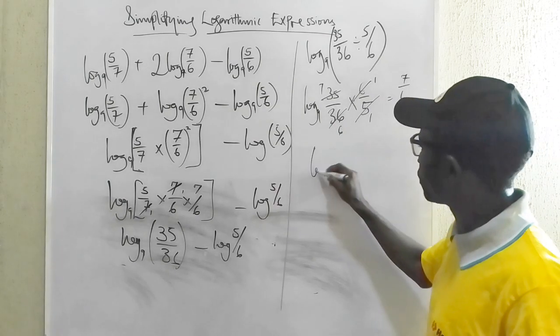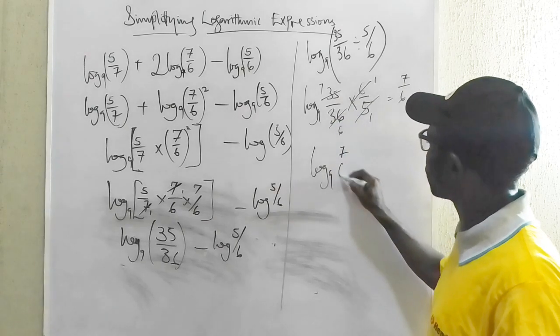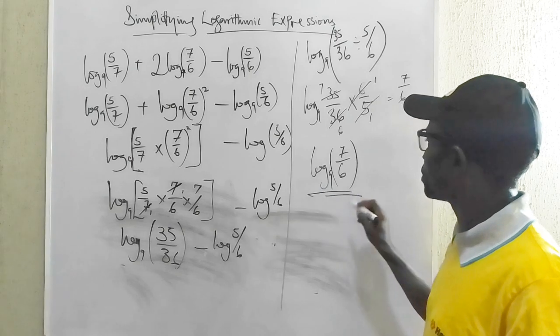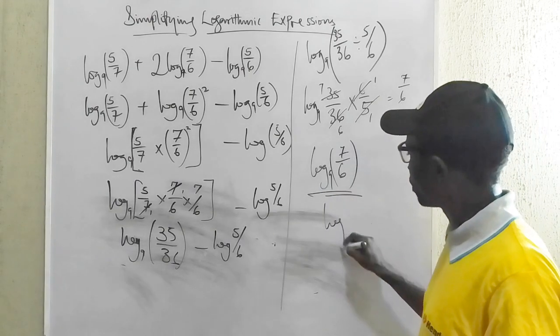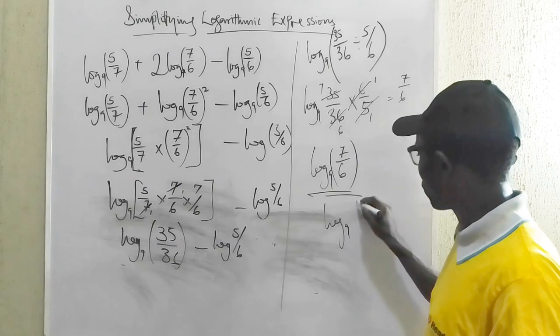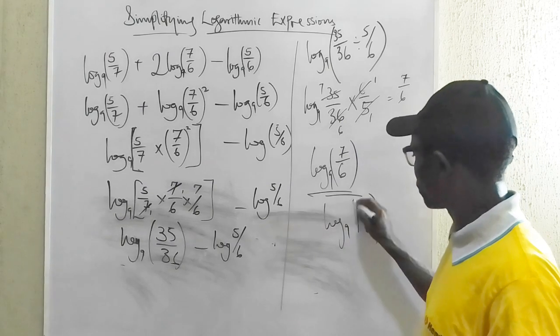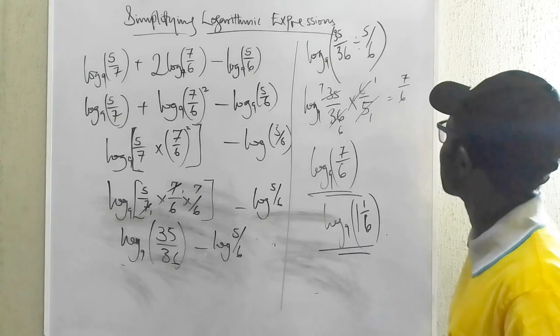So by the time we apply the log, it's going to be log in base 9 of 7 over 6. In simplification, you can leave it this way, or you can put it as log in base 9 of 1 over 6. In this way, you leave the answer.